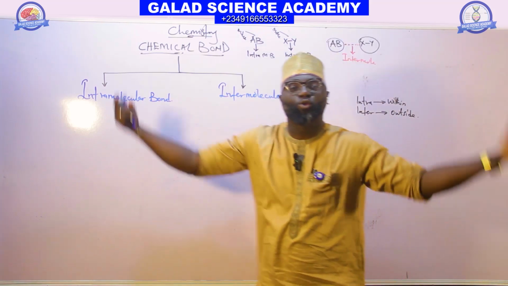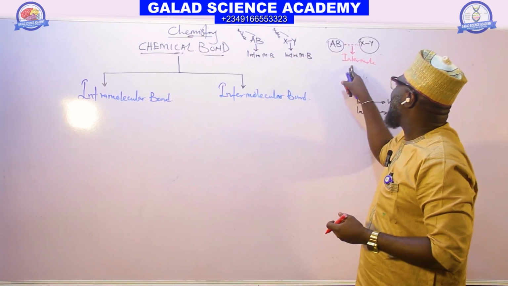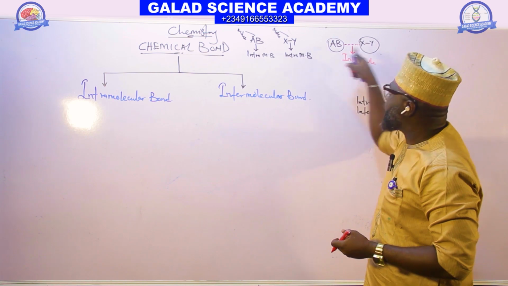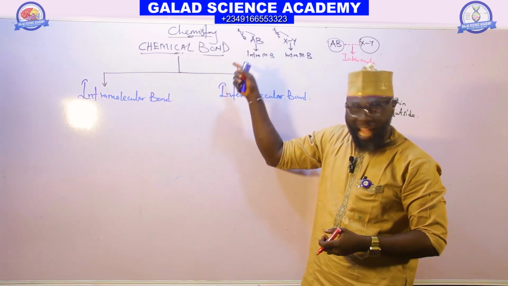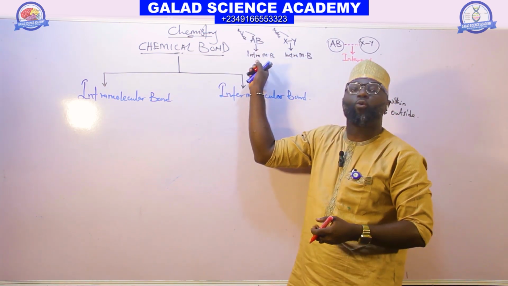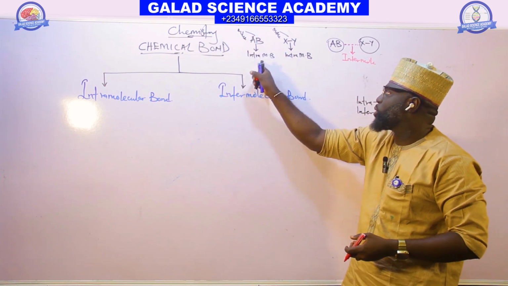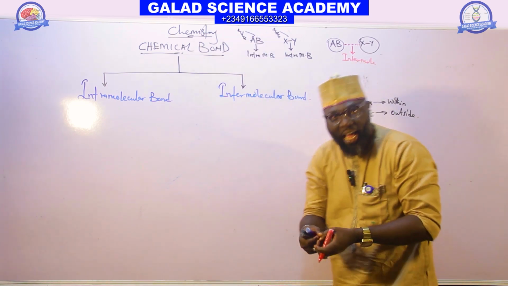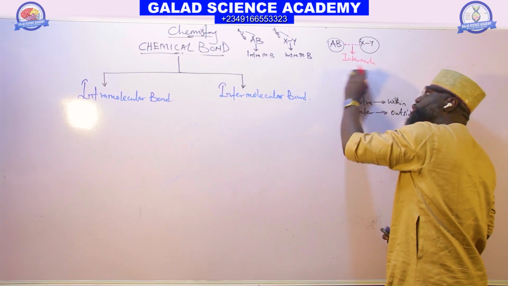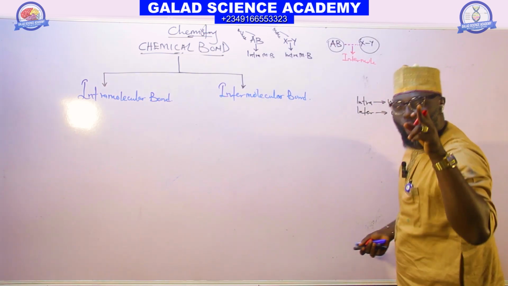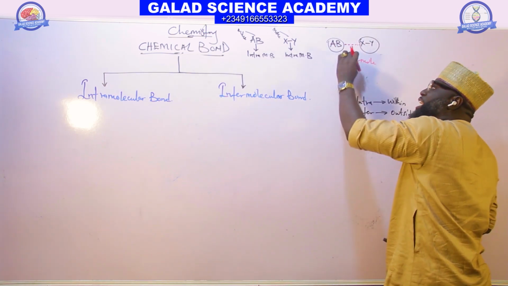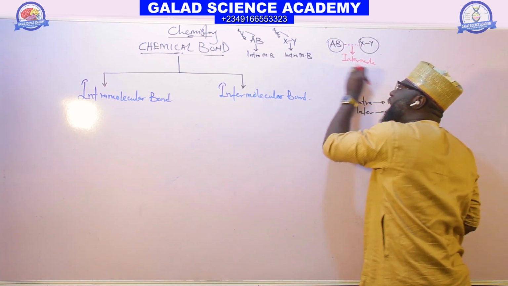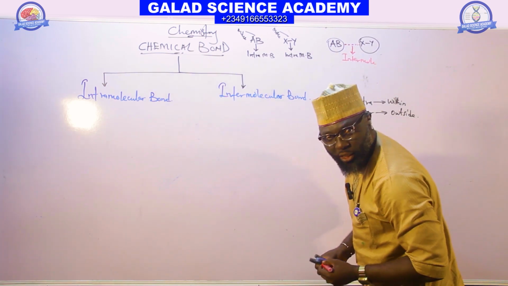A bond that joins two molecules together is called intermolecular bond, but one that joins two atoms together is called intramolecular bond. And we always use a broken line to denote intermolecular bond.